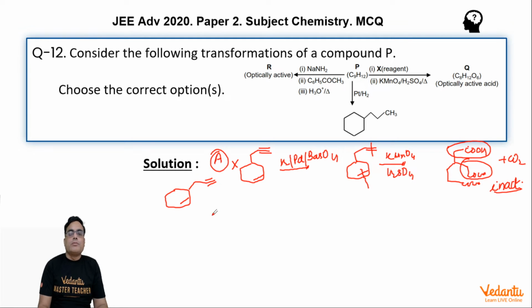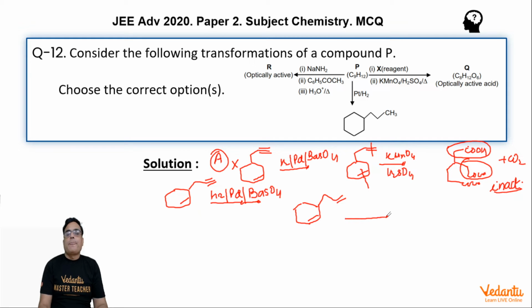1, 2, 3 carbons are there in the side chain. Then we treat it with Lindlar's catalyst. You will get this compound where the triple bond outside the ring becomes a double bond, and the double bond inside the ring is unaffected by the catalyst.